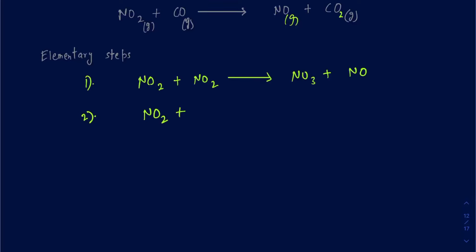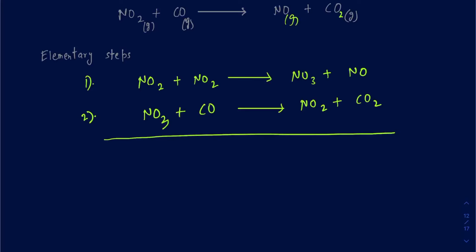So your NO3 is going to react with carbon monoxide, making NO2 plus CO2. And make sure your overall reaction comes out to be the same as you are given initially.